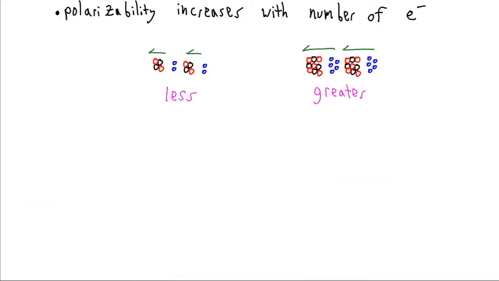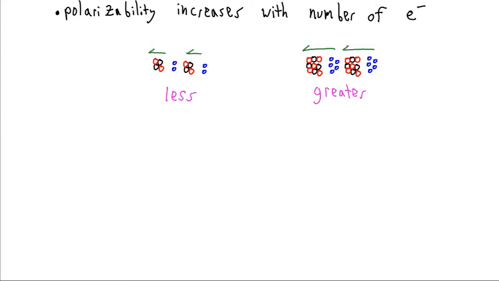And this effect will be augmented if we have more positive and negative charges. So if we have more protons and more electrons, this larger atom is going to polarize more than our helium atom is going to.